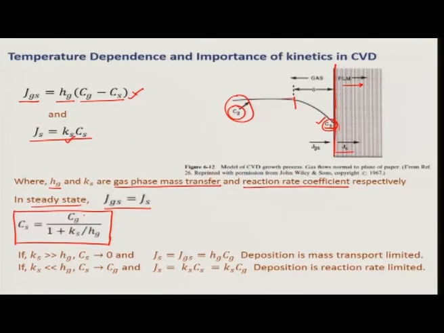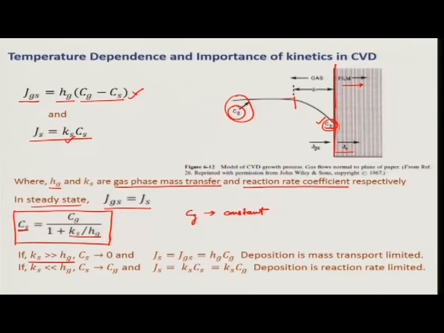Where Cg is constant. Now, the concentration at the surface will depend on the ratio of Ks over Hg, meaning reaction rate over mass transfer rate. Suppose Ks is very high, so the reaction rate is very fast, and we can do that by having an appropriate temperature.